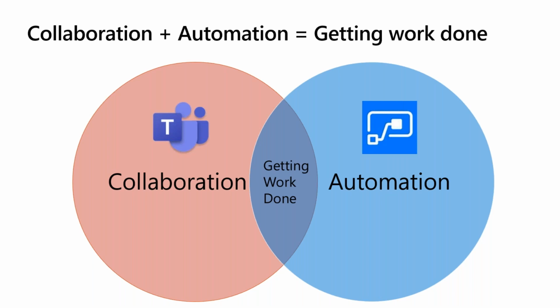You know, there are repeatable tasks, things that we can automate so that the people, the humans, can work together and collaborate and be creative and make decisions and come up with new initiatives. So I see bringing these two together, Teams and Power Automate, as how we'll get work done better, smarter, faster.